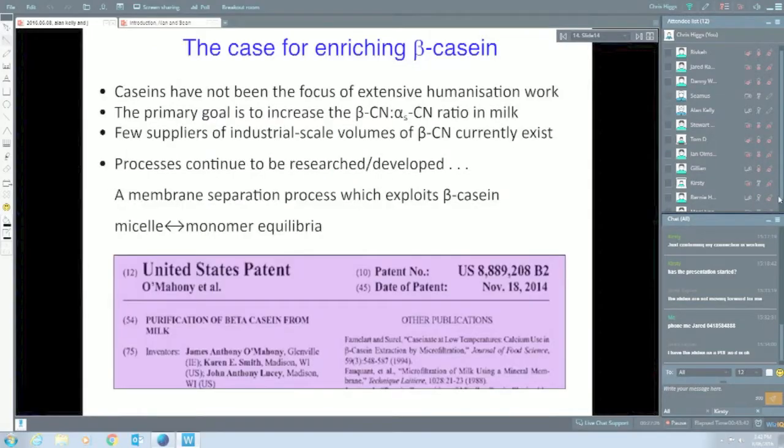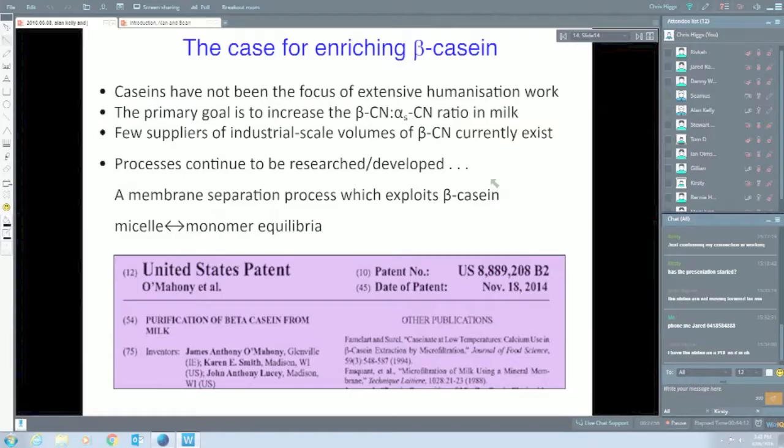Okay, so on the next slide then, the case for enriching beta casein. Even though there are big differences in the casein profile, it hasn't received a huge amount of attention from the point of view of development of ingredients. Certainly not to the same extent as the efforts that have been put into matching the whey protein profile of human milk in infant formula in recent years.